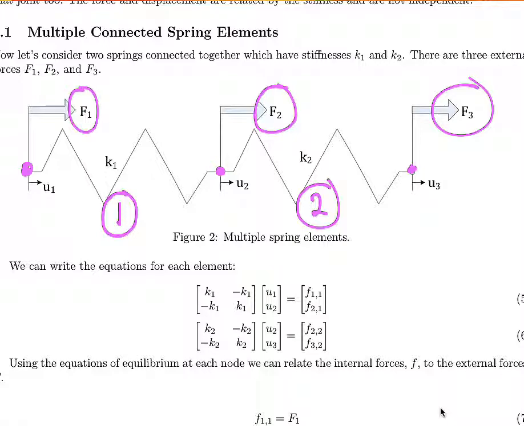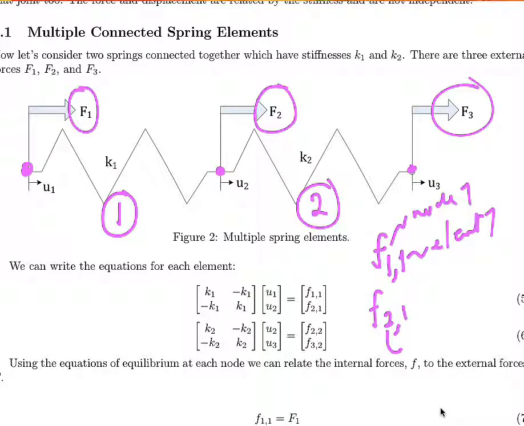So we're going to use a notation that lowercase f at node 1, which is the left of element 1. So f1, this means node 1, and this is element 1. And then when we have f2, 1, this is the second node, which is at the end of the element, and this is again element 1.